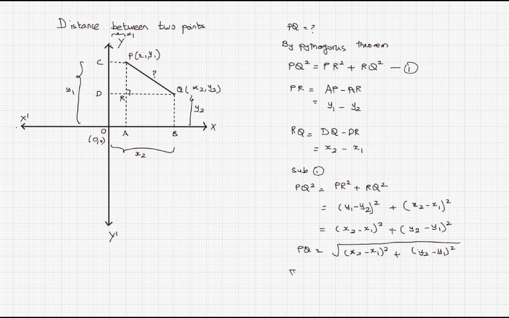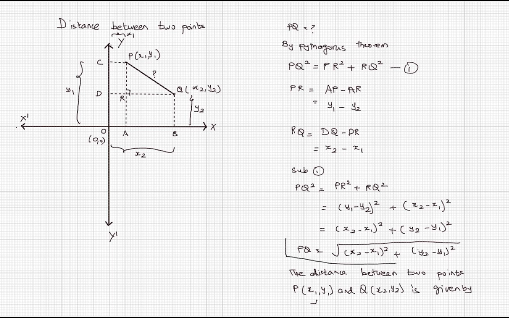We can also write a statement: the distance between the points P (x1, y1) and Q (x2, y2) is square root of (x2 minus x1) whole square plus (y2 minus y1) whole square under the square root. This is a formula for calculating distance between any 2 points P and Q.